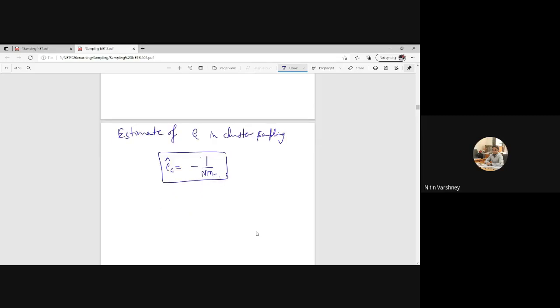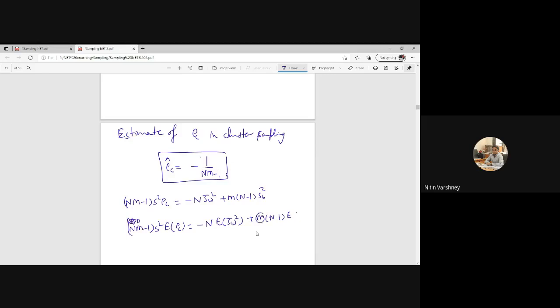Just if I tell you, we will write the relation (nm minus 1) S square rho c is equal to minus n S bar w square plus m into (n minus 1) S w square. I want to calculate the estimated value of this. So (nm minus 1) S square expected value of rho c is equal to minus n expected value of S bar w square plus m into (n minus 1) expected value of this.